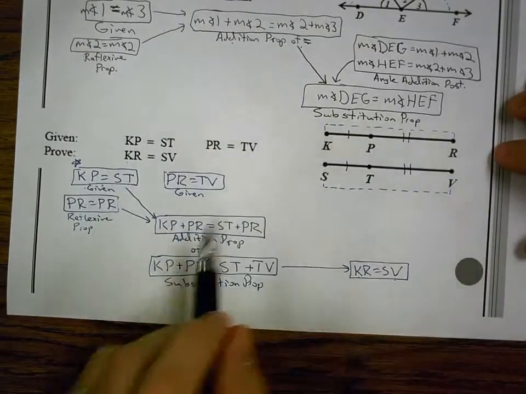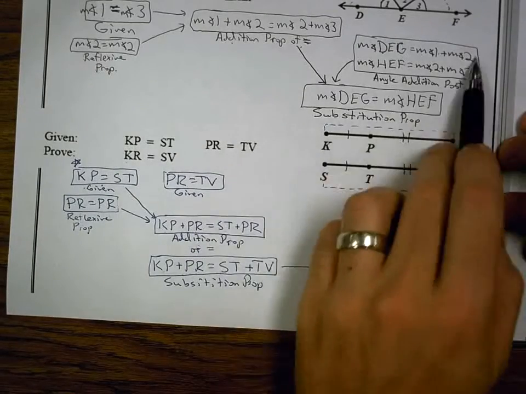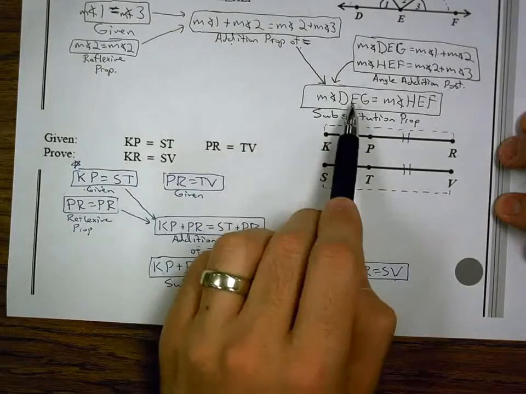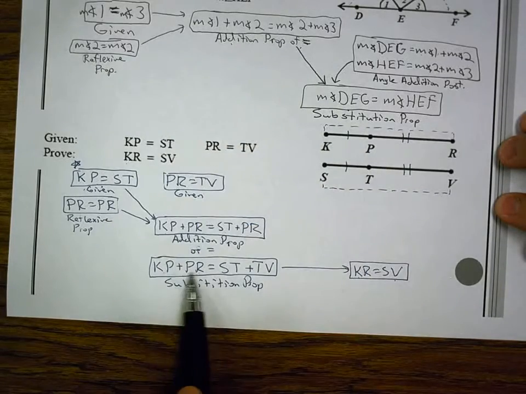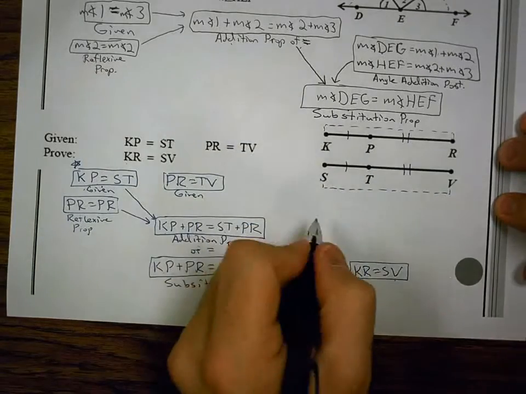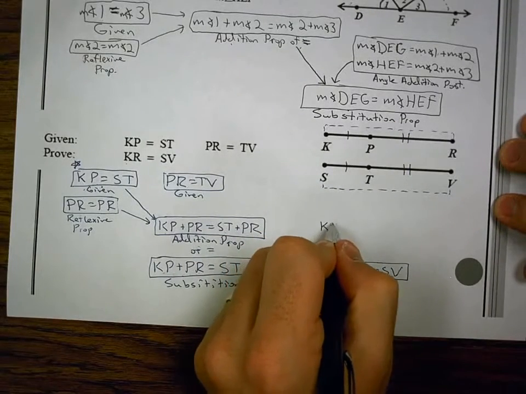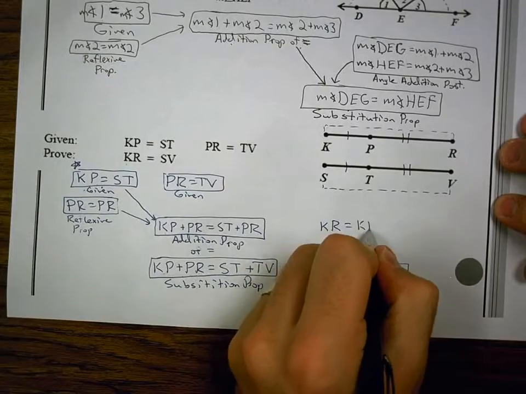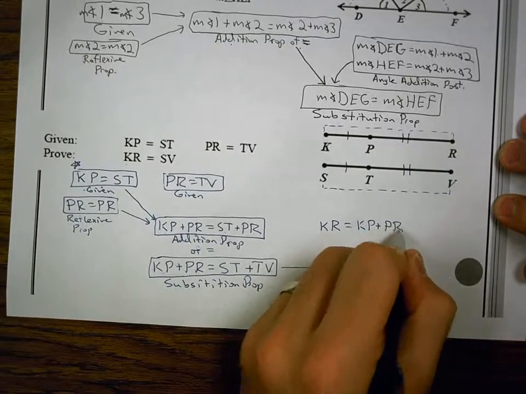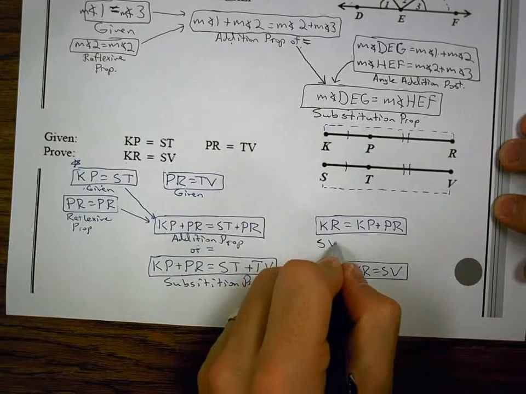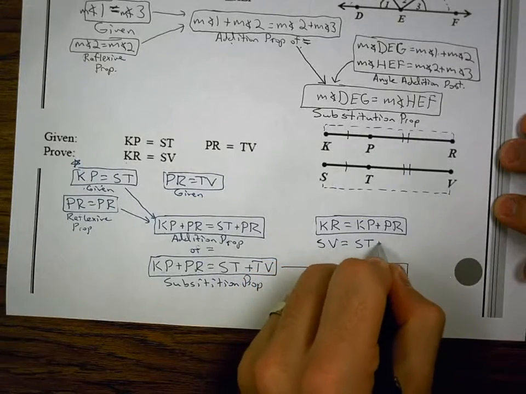Now, what we did up above, we used angle addition to change the names. We had parts, we wanted the whole thing. Here, we have parts, we want the whole thing. So it's not angle addition this time, it's going to be segment addition. So that's KR equals KP plus PR, as well as SV equals ST plus TV.